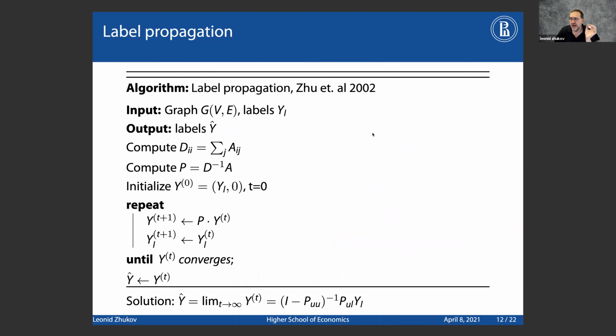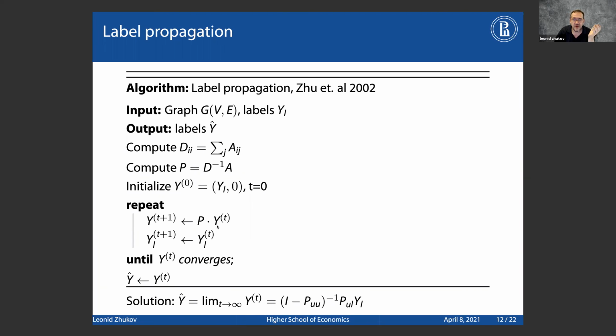Now, inverting a matrix may not be a great idea, but running random walks is also not the best way to use computer time. So there is this algorithm proposed by Zhu in 2002 that simulates this without actually simulating it, by solving the equation with an iterative process.